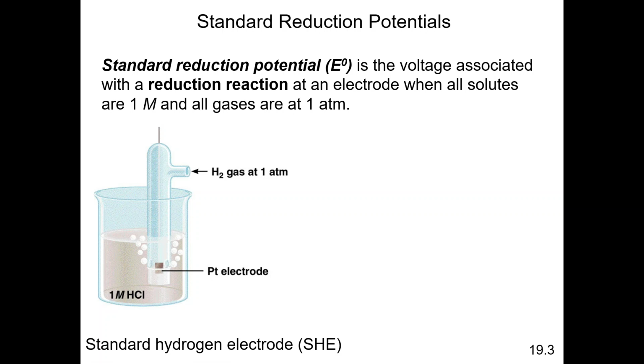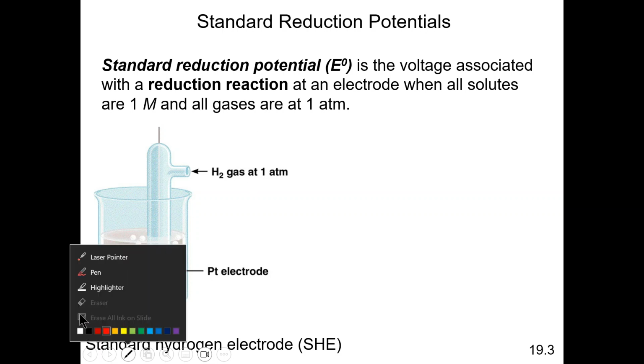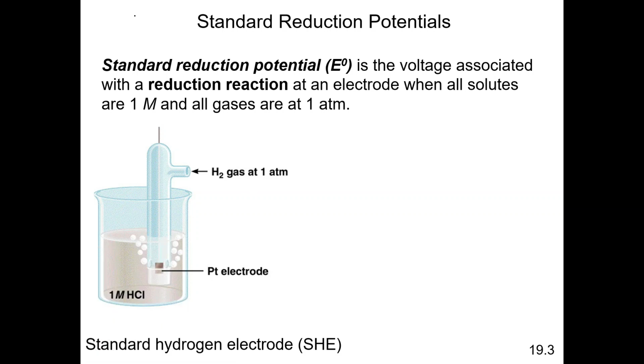And if you remember, the standard conditions that little 0 represents would be that the standard temperature is 25 degrees Celsius, and the standard pressure is 1 atmosphere, which is what we have down here.